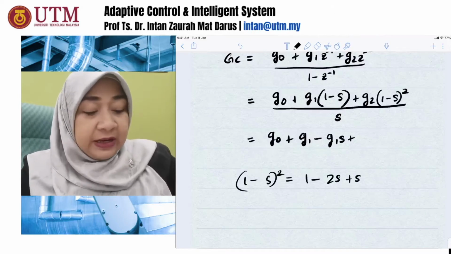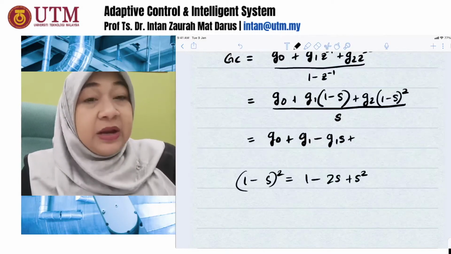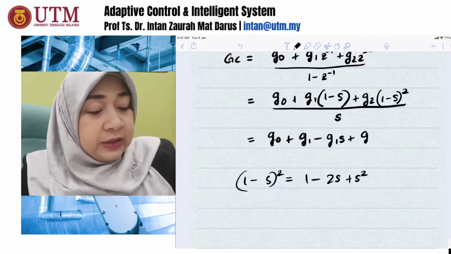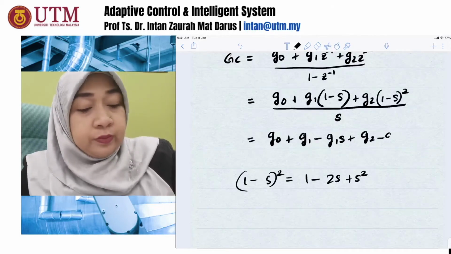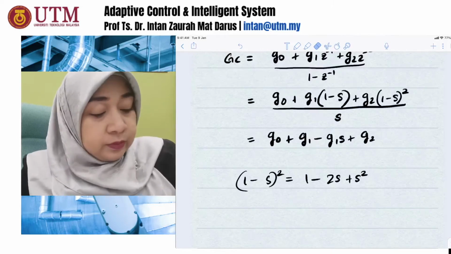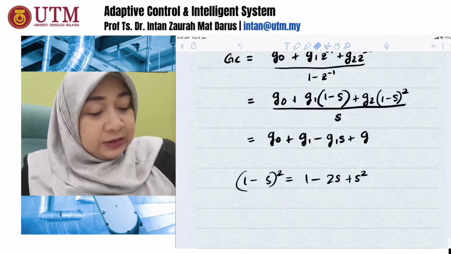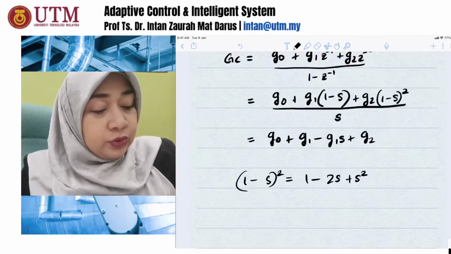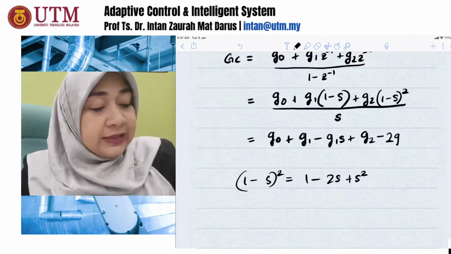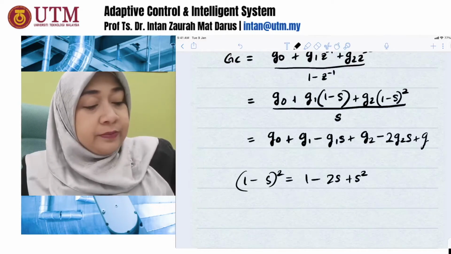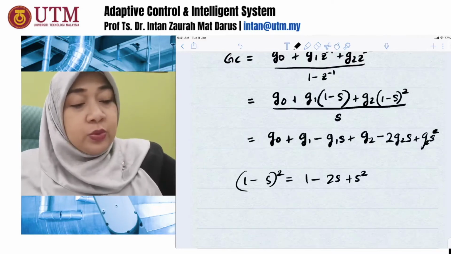Multiplying that with g2, I get g2 minus 2 g2 s plus g2 s squared.